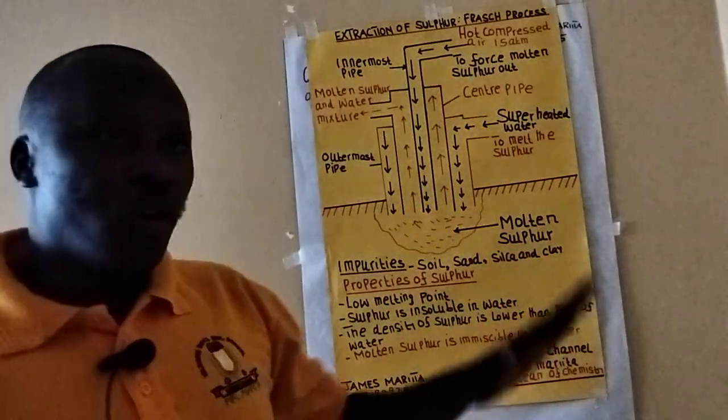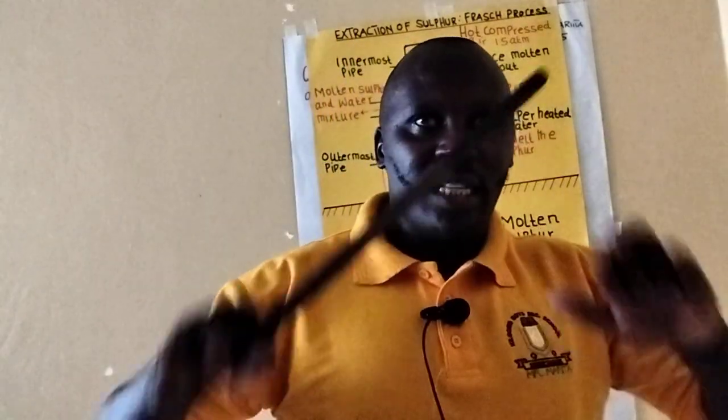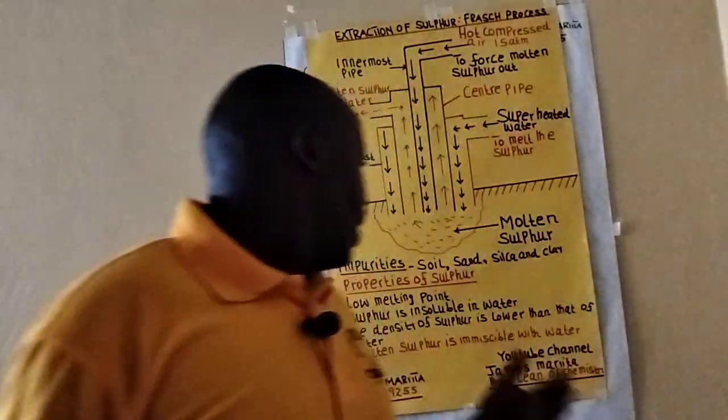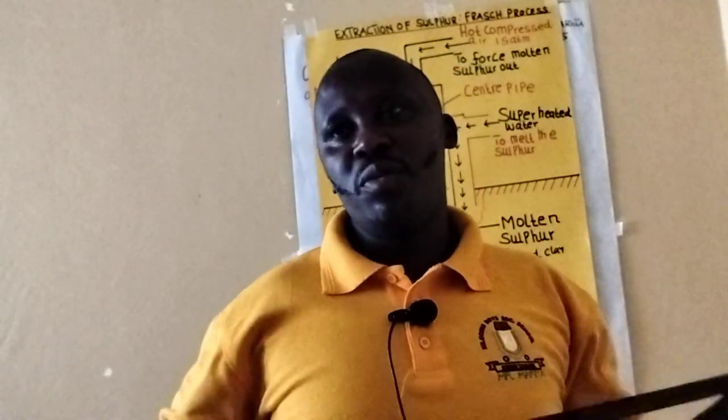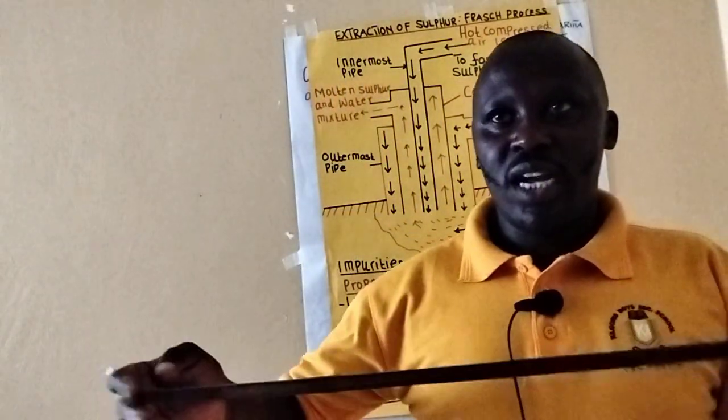The density of sulfur is lower than that of water. Then molten sulfur is immiscible with water. Immiscible means that sulfur and water form a heterogeneous mixture.